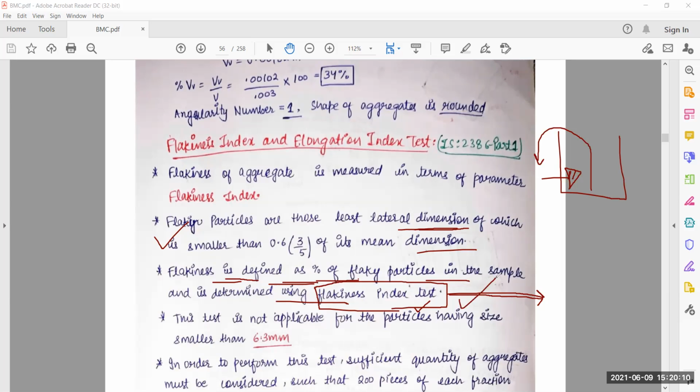Next point says this test is not applicable for particles having size smaller than 6.3 mm. So basically, the flakiness index test, the FIT test, is used to find the flakiness index of a particle. Which particle? Flaky particle.